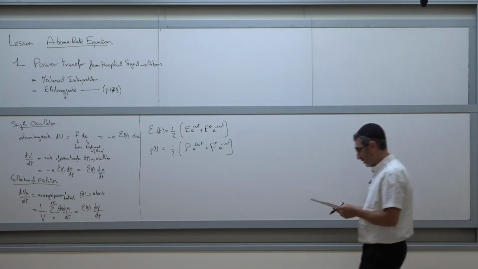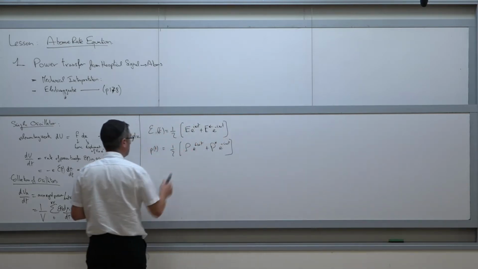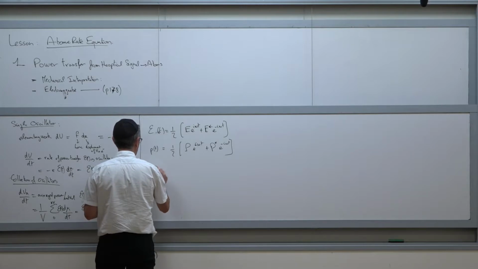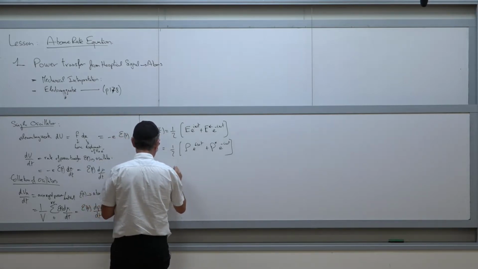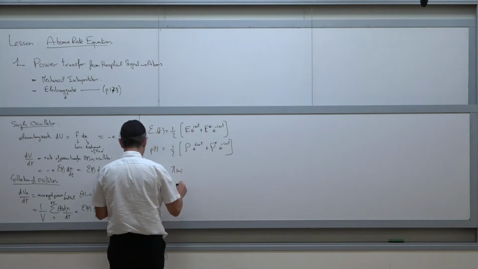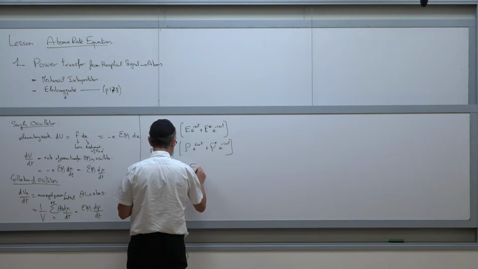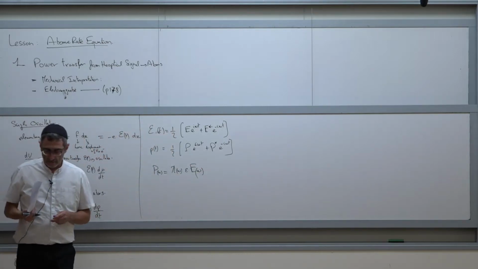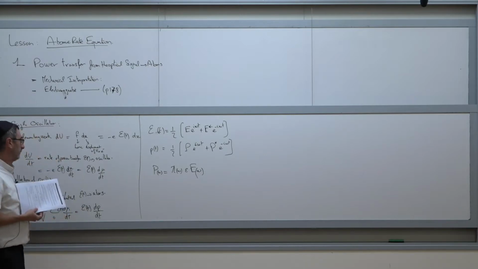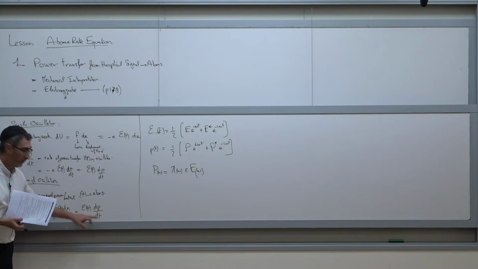If I use this notation, and if you remember that there is a relation between P and E, P of omega is epsilon zero chi of omega times E of omega, the transfer relation between P and E. Now I have everything, and I want to replace that here.